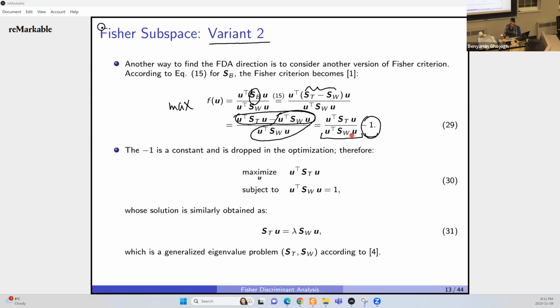So maximize this fraction, which is another variant of the Fisher criterion, a generalized Rayleigh-Ritz quotient. I can say maximize the numerator while you set the denominator to some constant. Again, if you solve it with a Lagrangian, you will end up with this. So U can also be the eigenvector of the generalized eigenvalue problem of ST and SW, rather than SB and SW.